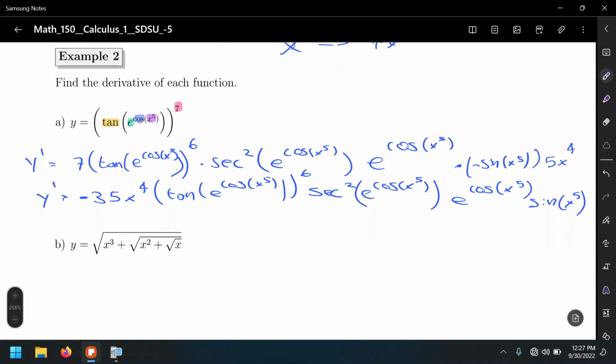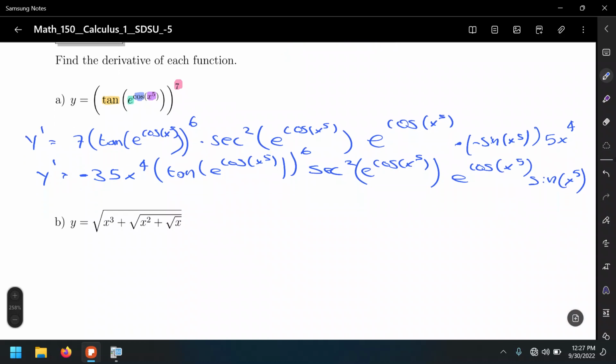Let's look at this nested radical function. So we have how many layers? An outermost radical, an inner, and then an innermost. The best way to go about a function like this is to write all the radicals in terms of rational exponents. So that's x cubed plus root, okay, that's something to the 1/2.